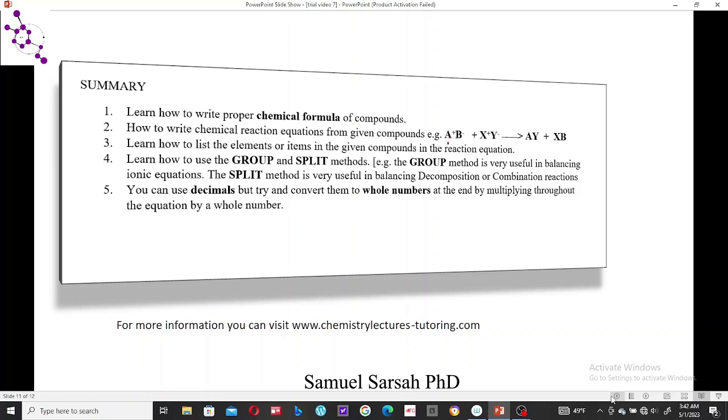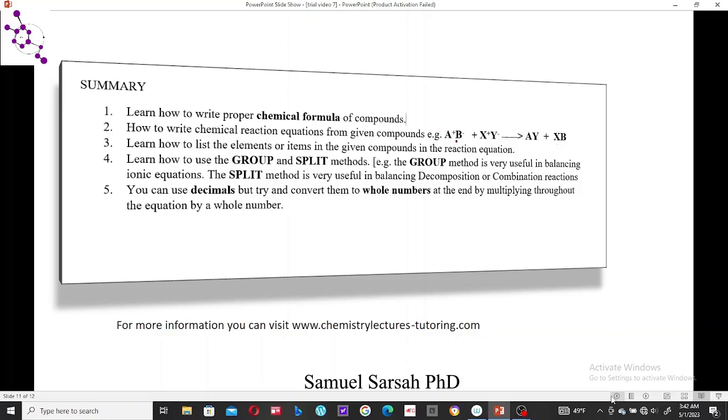So this, for instance, is AB. They will not show you the positive side or negative side, but you have to know this. Okay, so they will give you AB plus XY going, and then you will write the product here.